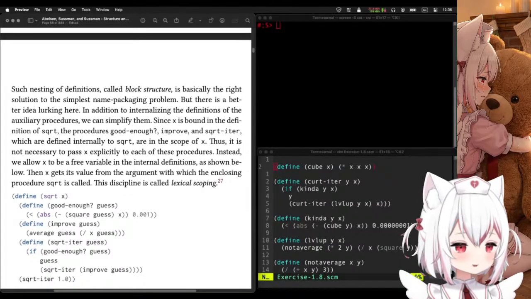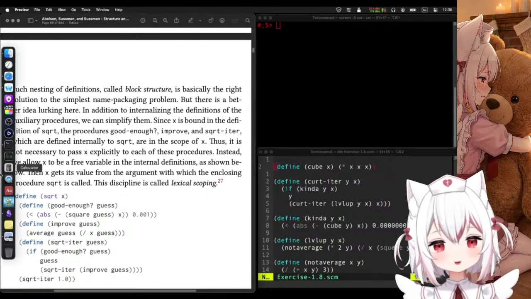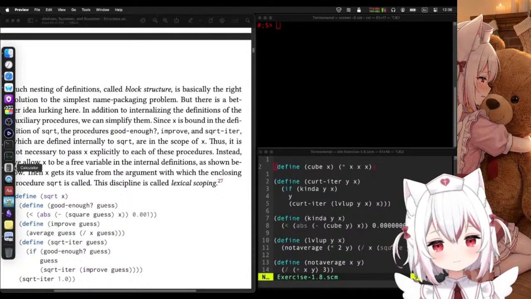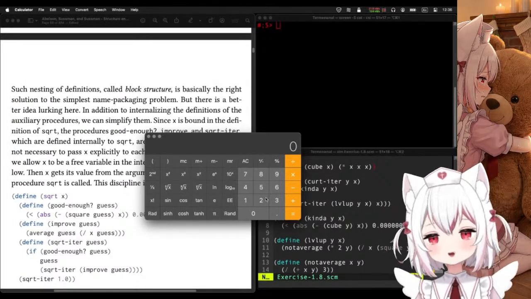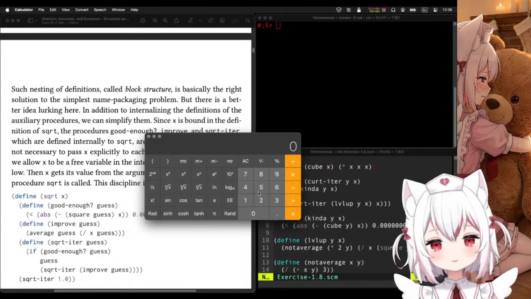Is e to the x. Okay, so then I want to do that again. Let's see if it works.